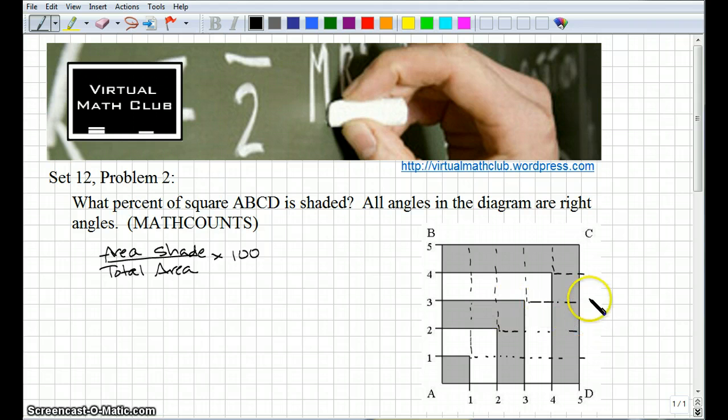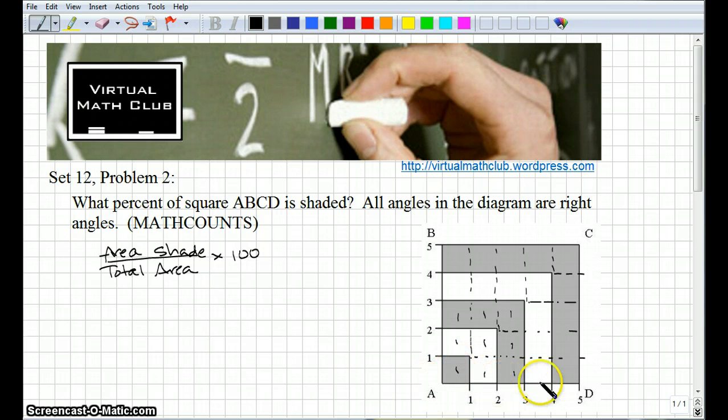Now we know that if this is a 1 by 1 square, the area of this is 1. And then basically we know that all the areas of these little squares that we've broken this down into are all 1, right?